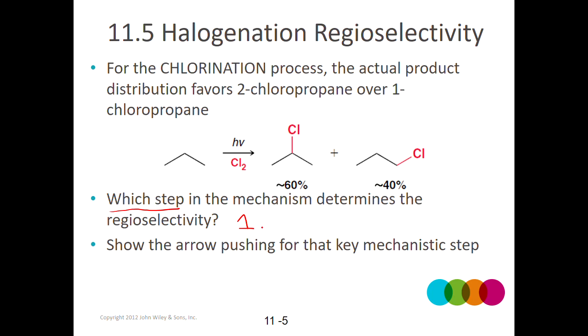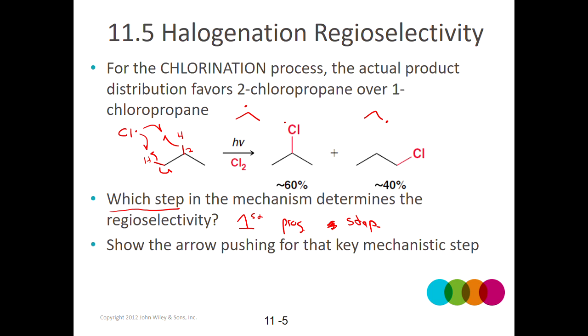And it's really the first propagation step. That's the step where the free radical that's created after this breaks homolytically picks off a hydrogen. So it could abstract this hydrogen, leaving a radical at the secondary position, or it could have abstracted this hydrogen, leaving an electron behind at the primary position.